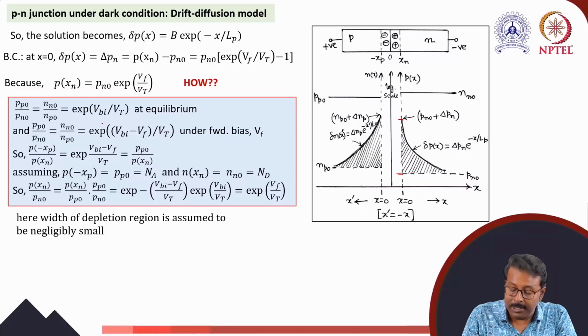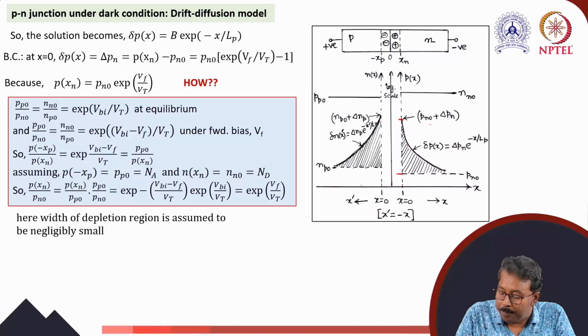It is shown here. Let me first write down this value at x equal to 0. The excess holes there are nothing but pn0 plus delta pn, and delta pn is the value of excess minority holes at the boundary.